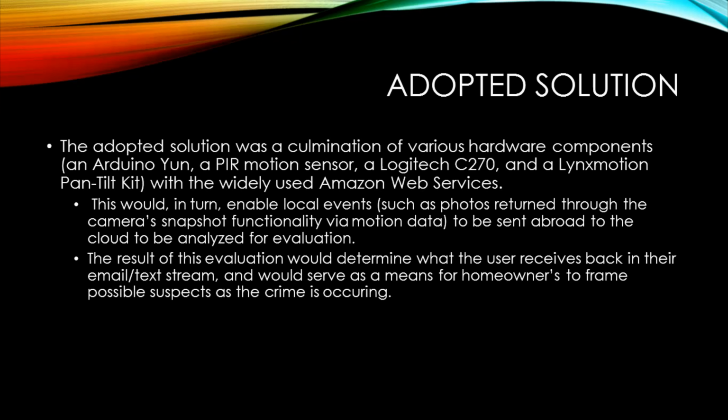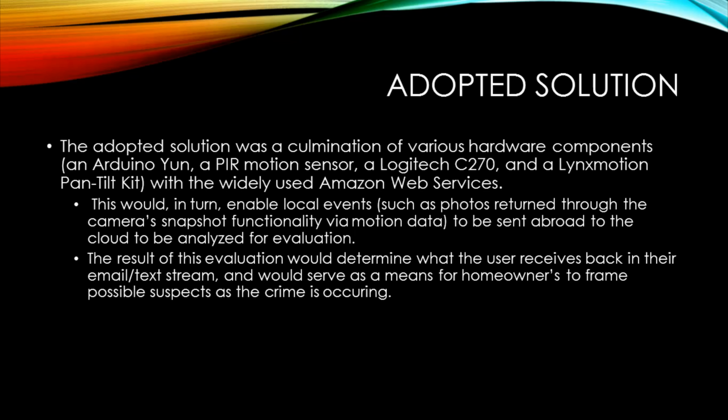The reason behind this was that you would go to the web GUI and move the sliders, and the corresponding servo would turn the Lynx Motion Pan Tilt Kit. On top of that kit, you would have your PIR motion sensor and your camera, so you would be able to alter the camera's field of view with respect to the region or area that it's guarding.